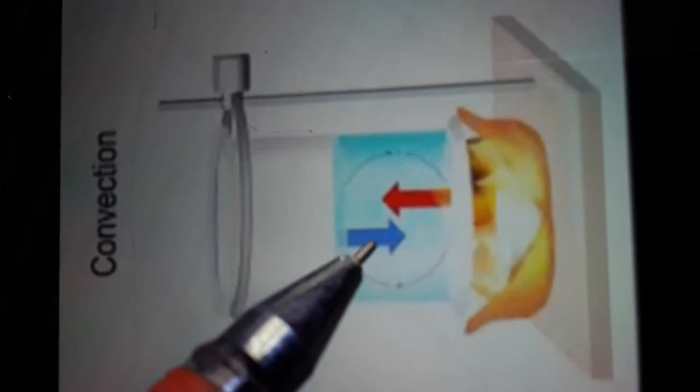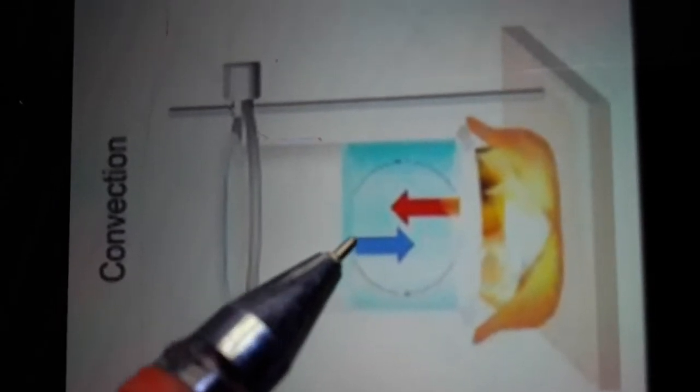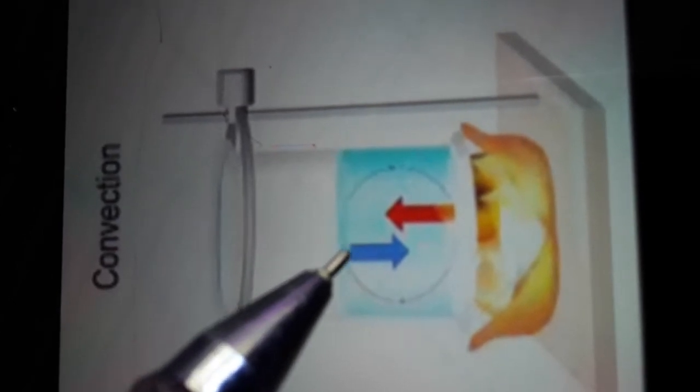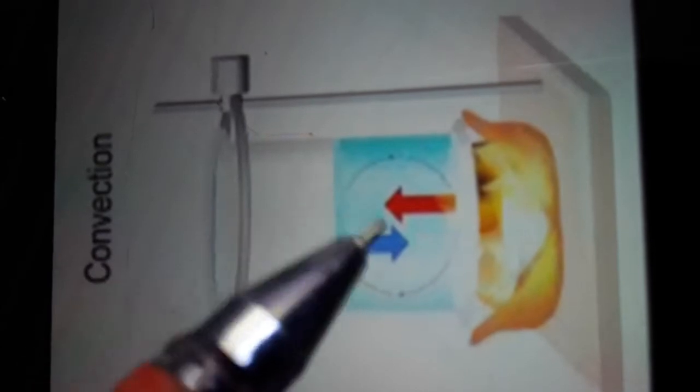Only the fluid itself moves when convection takes place. So convection is the flow of heat through a fluid from the higher temperature region to the lower temperature region by the movement of the fluid itself. Next, we can see convection in daily life.